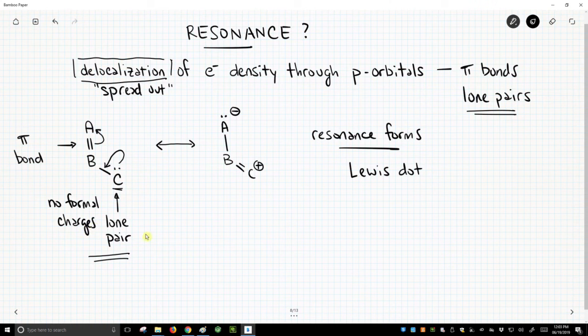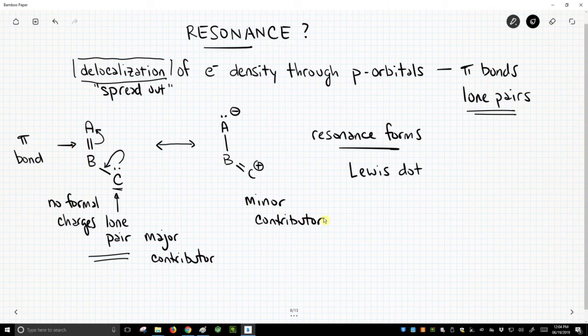And so we say that this is the major contributor. The structure on the right, however, has formal charges, and so we say, well, this may be another Lewis structure, but it's not as good. It's going to be the minor contributor.